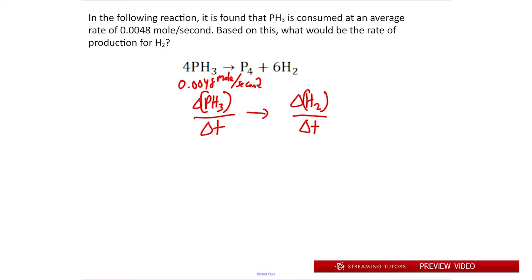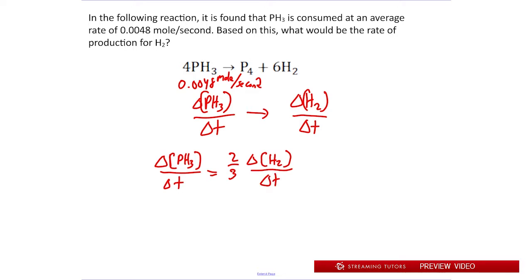So what we could see here is that the rate of PH3 being consumed is 2/3 that of H2. What that means then is we can write the following expression and they would be equivalent to one another. So the change in concentration of PH3 over time is going to be mathematically equal to 2/3 the rate of production of H2.